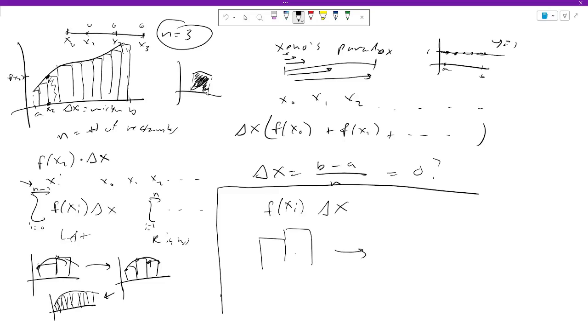If I imagine doubling the number of rectangles, remember I have my function, I'm getting a better approximation. I'm doubling the number of things I'm adding up, but also these rectangles are half as wide. So I'm doubling the number of things that I'm adding up, but the size of the things I'm adding up is also getting cut in half.